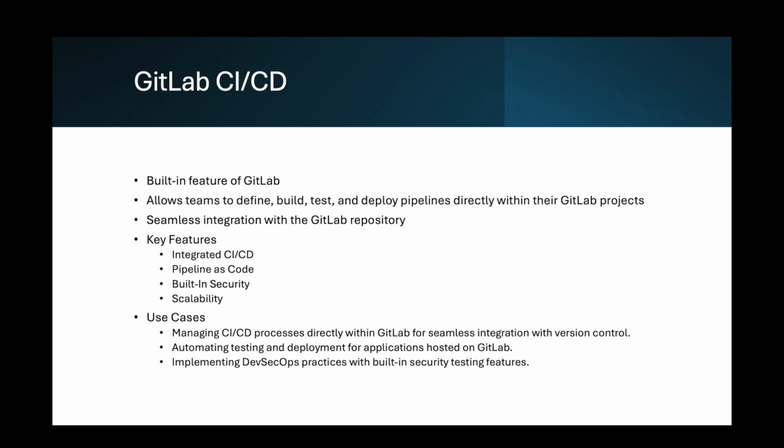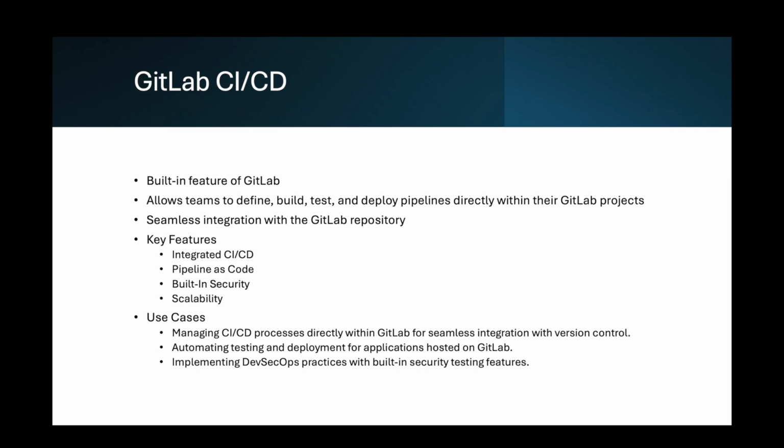Scalability: it supports running pipelines across multiple machines with GitLab runners, which can be hosted on-prem or in the cloud. Use cases for this include managing CI/CD processes directly within GitLab for seamless integration with version control, automating testing and deployment for applications hosted on GitLab, and implementing DevSecOps practices with built-in security testing features.